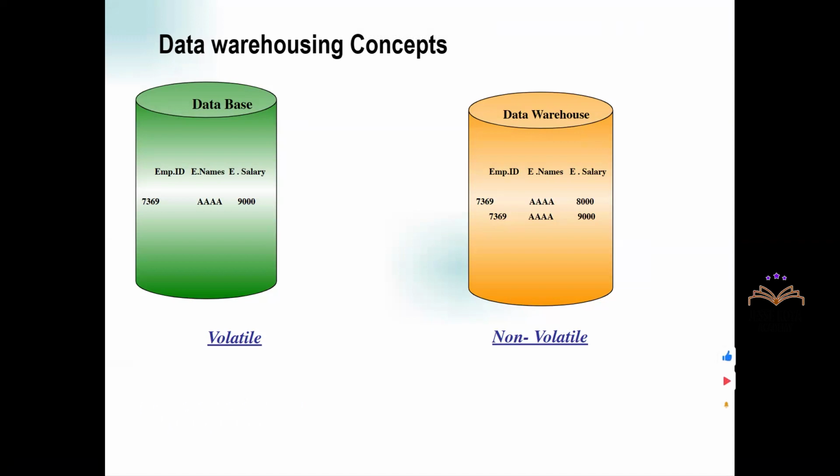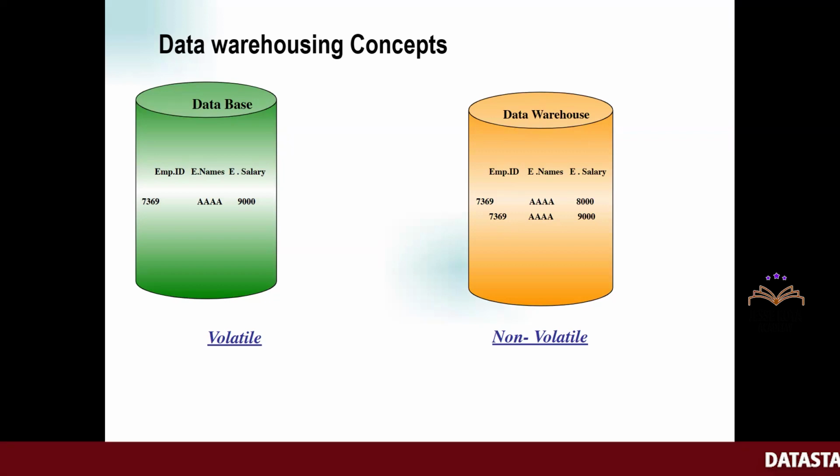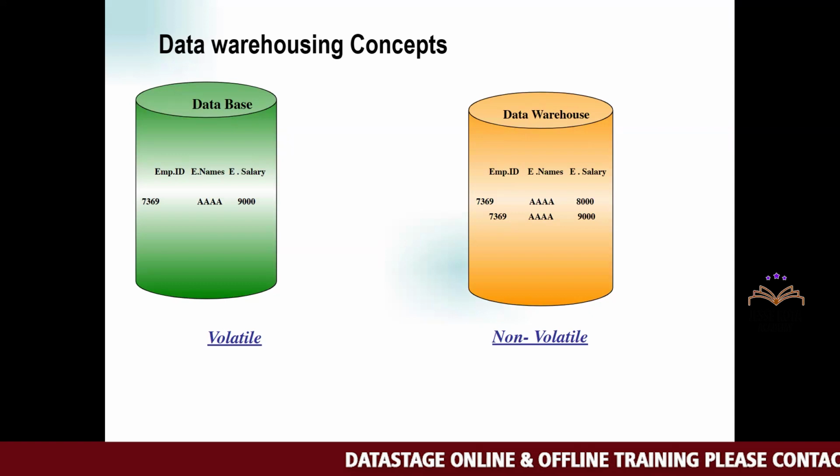For example, if an employee salary has increased from 8,000 USD to 9,000 USD, in the data warehouse we maintain both entries. But in the OLTP system, it will overwrite the existing entry, and the new entry will be updated. This is the difference.